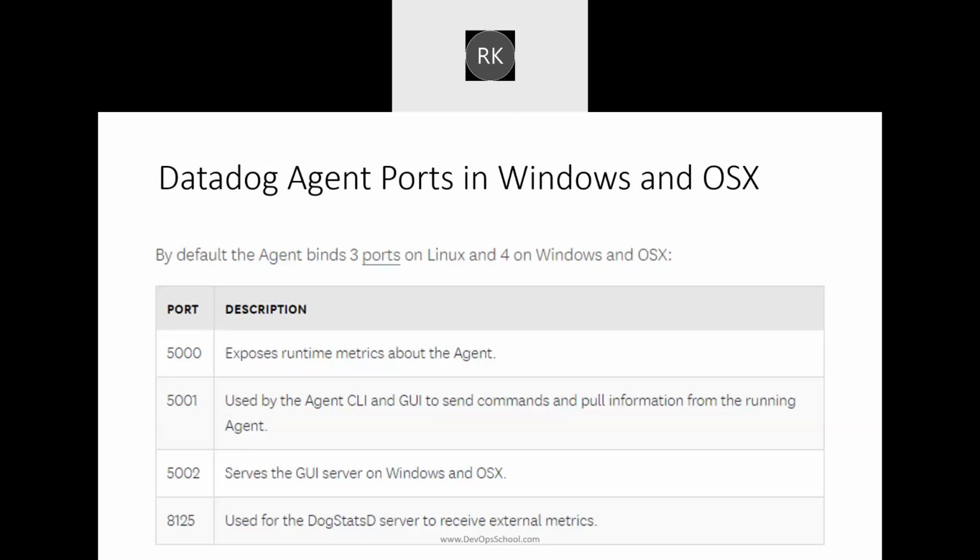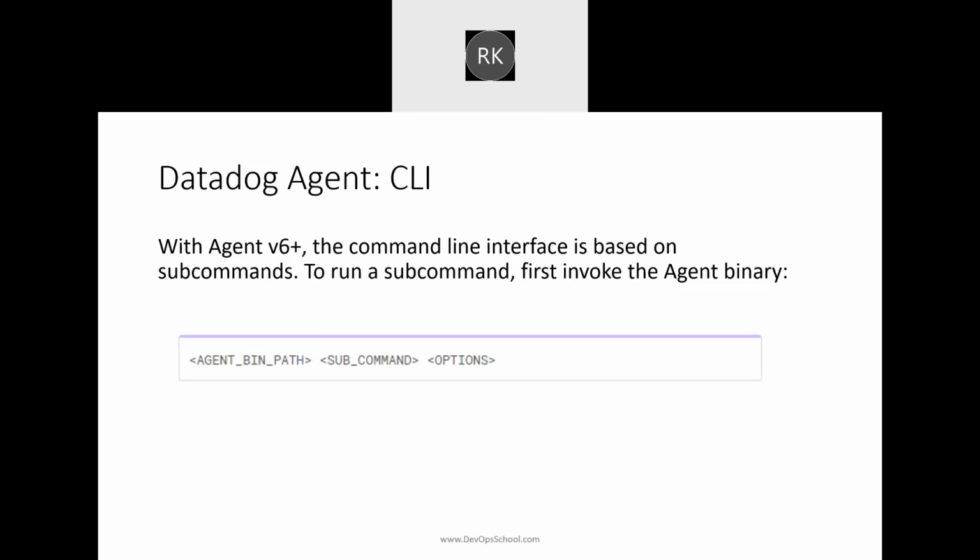And port 5002 is for the UI of the agent in Windows and Linux. And 8125, just now we discussed, is the dogstatsd server port on which to receive external service metrics. So these are the ports you have to remember.